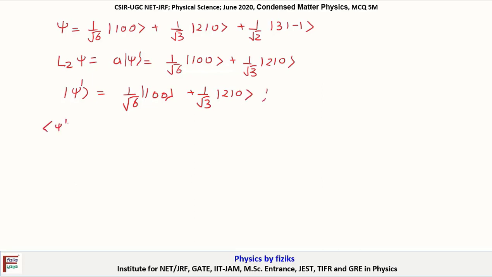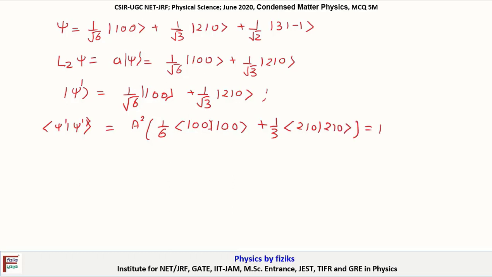So for normalization, ⟨ψ'|ψ'⟩ gives a² (1/6 ⟨100|100⟩ + 1/3 ⟨210|210⟩) = 1, which implies a = √2. So my normalized wave function would be ψ' = √2 (1/√6 |100⟩ + 1/√3 |210⟩).